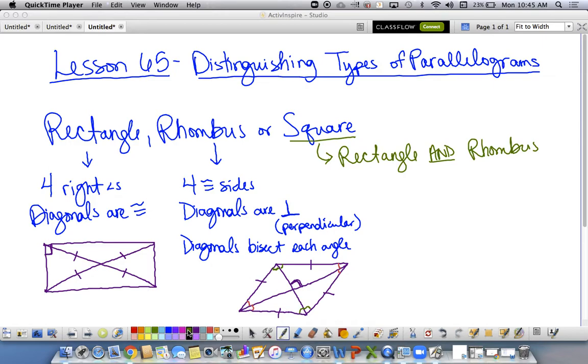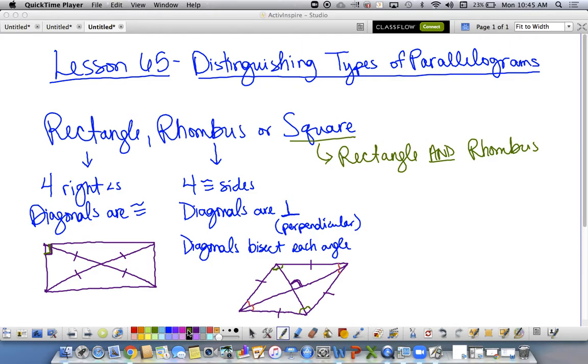In the boxes, the properties of parallelograms, those are not theorems. They're not postulates. That's not where they go, but they are properties, so we need to have them in our notes. It says, if an angle in a parallelogram is a right angle, then the parallelogram is a rectangle. We only have to know one angle is a right angle.